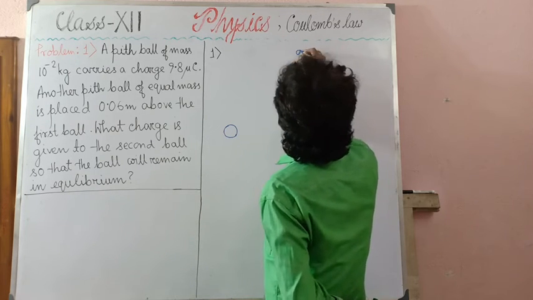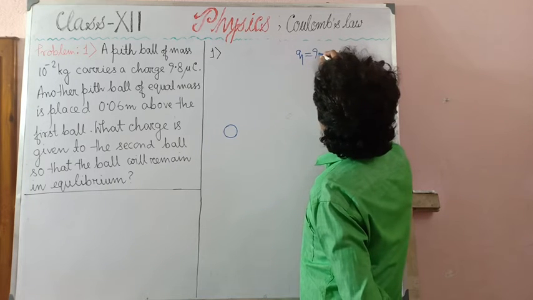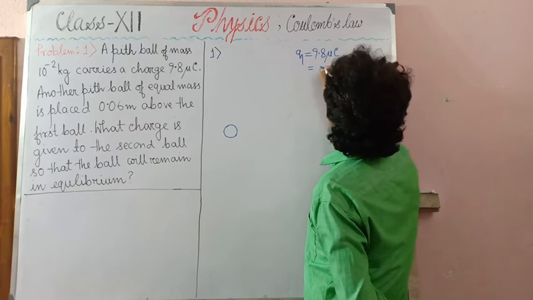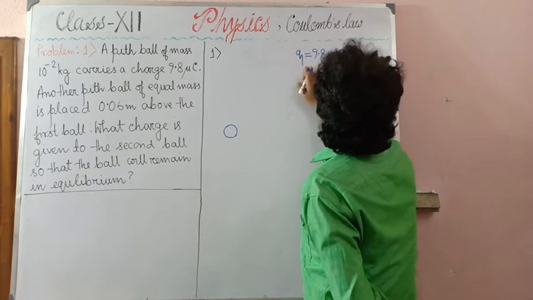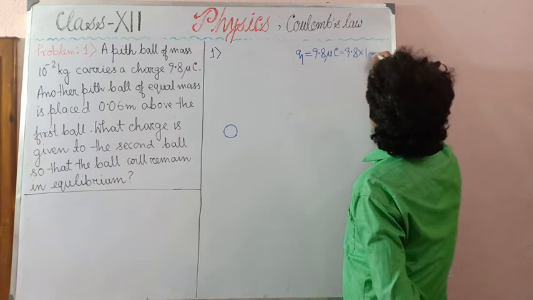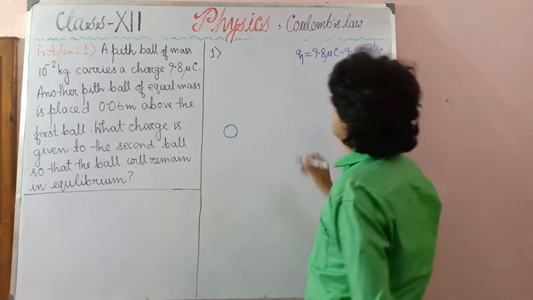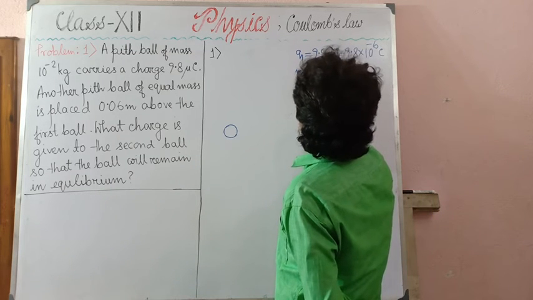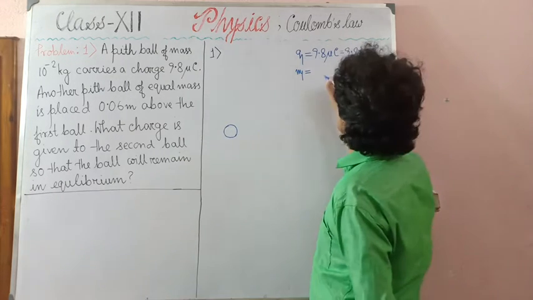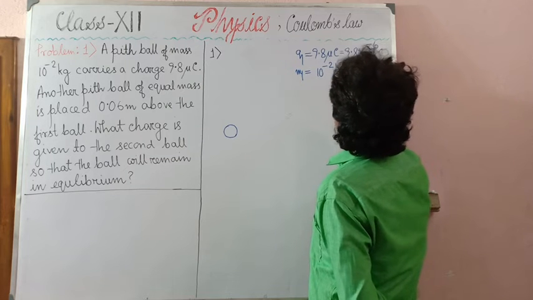The charge of this pith ball Q1 equals 9.8 microcoulomb equals 9.8 into 10 to the power minus 6 coulomb. The mass of this pith ball M1 equals 10 to the power minus 2 kg.